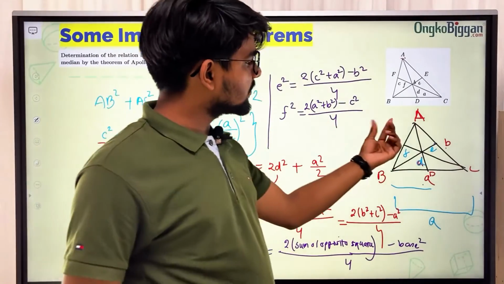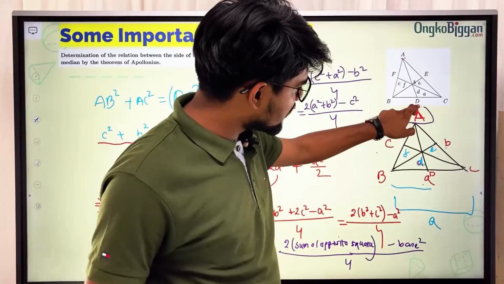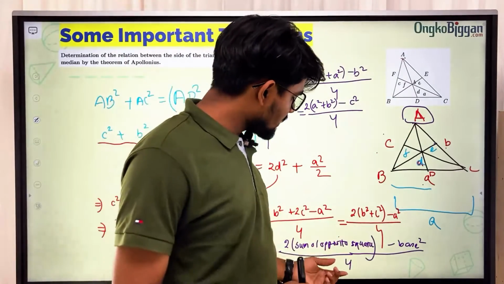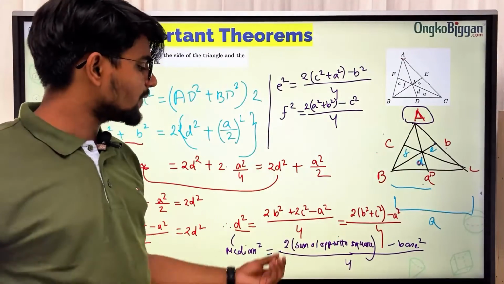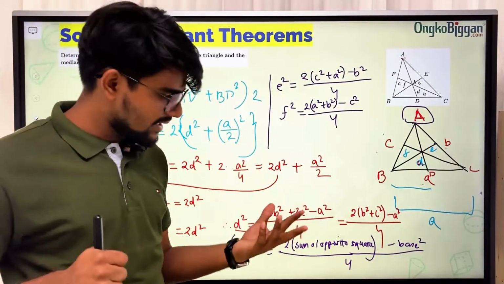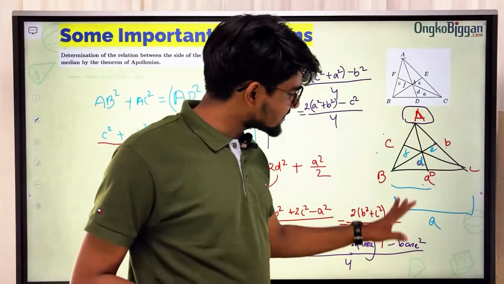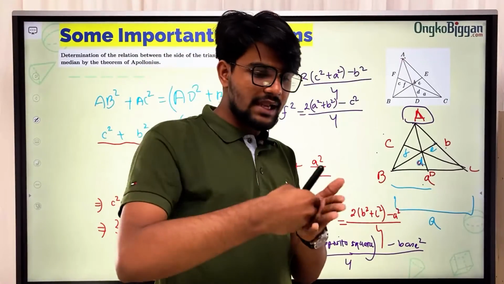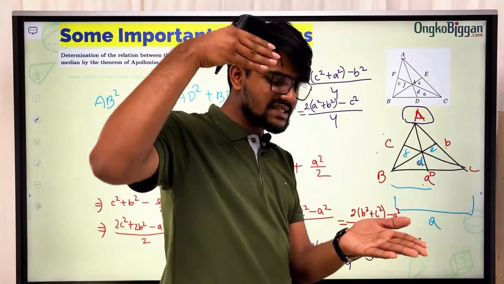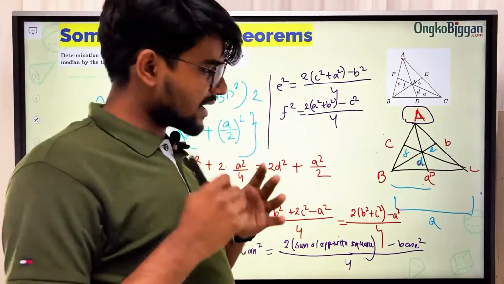Or you can call them the sides originating from the same vertex, because they are actually originating from the vertex A. So you can write the sum of the squares of the sides originating from the same vertex as the median, and then minus the base square. The base is the line on which the median is landing, intersecting and dividing it into two parts.